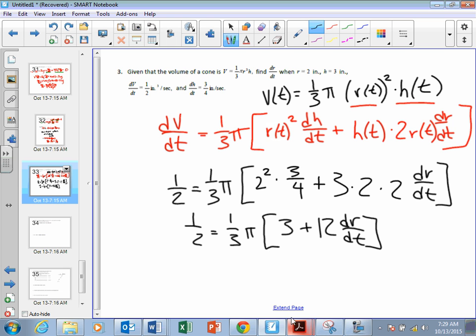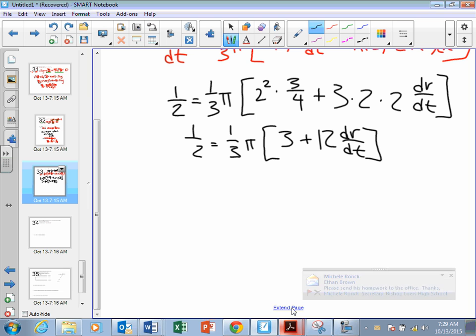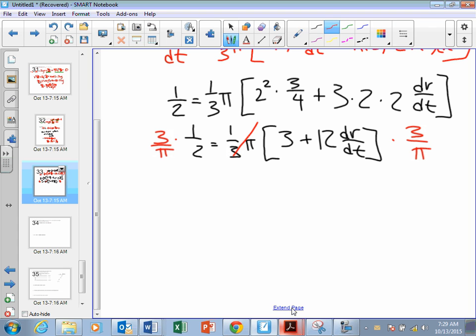Now I'm not going to distribute. I'm instead going to multiply each side by 3 over pi, because that's going to get rid of this if I multiply this side by 3 over pi. So on this side, I've got 3 over 2 pi equals 3 plus 12 dr/dt.